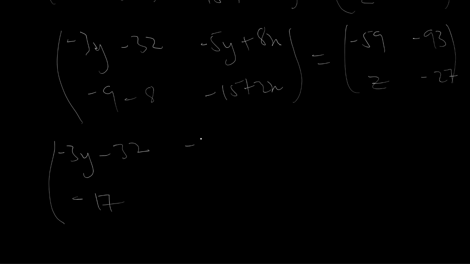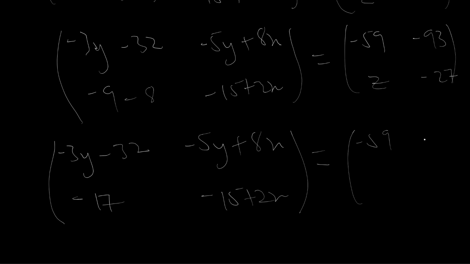And then -5y plus 8x and -15 plus 2x. All should be equal to -59, -93, z, and -27.